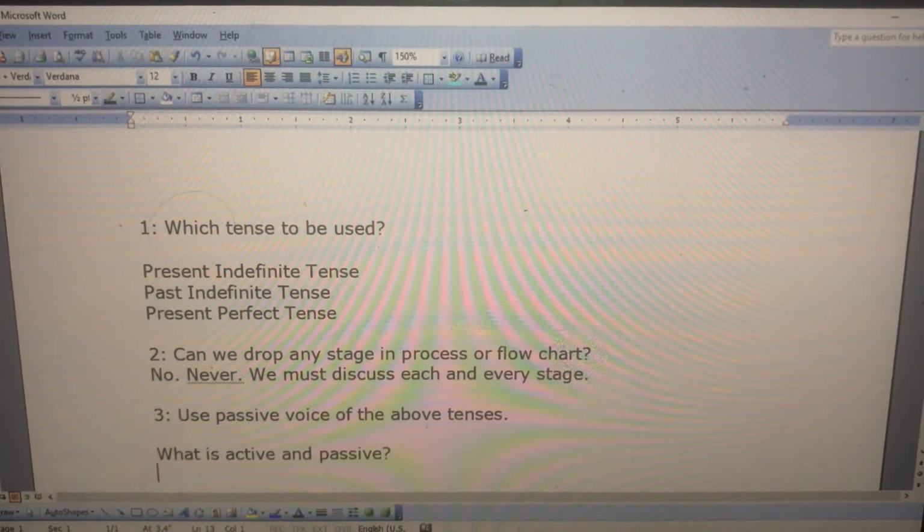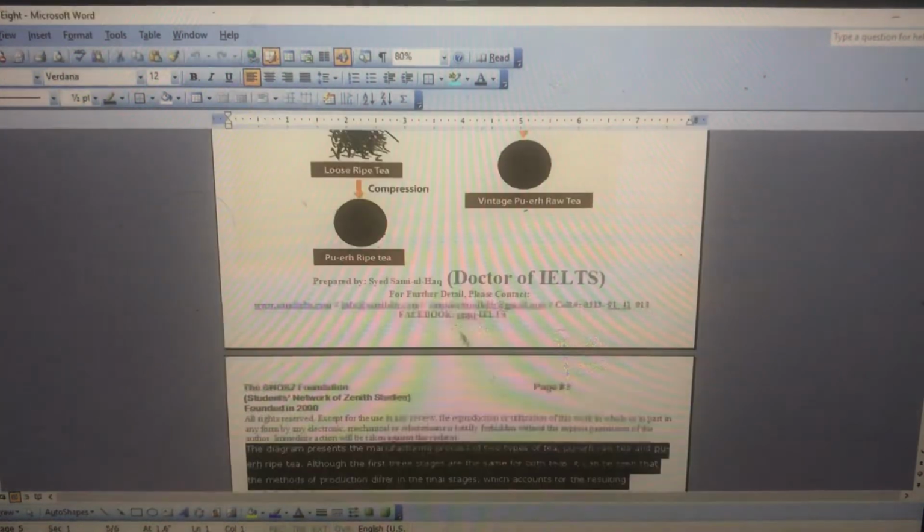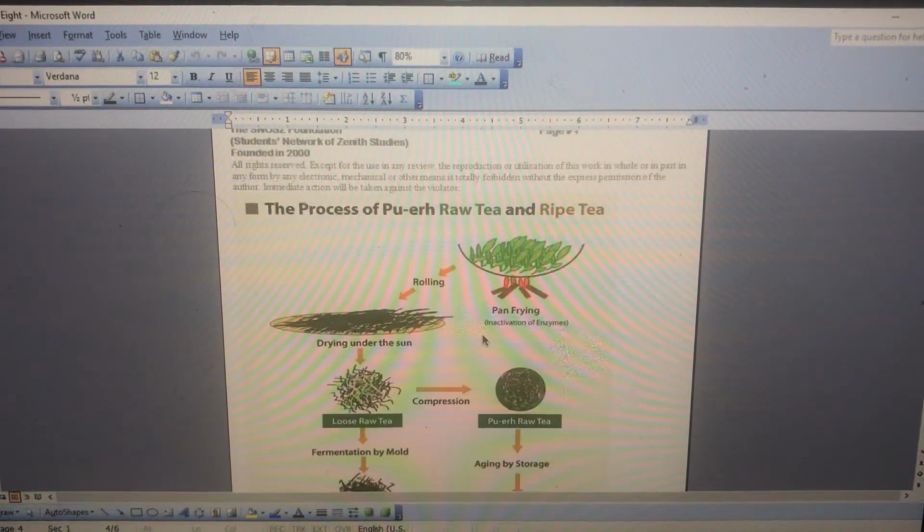Now, if I talk about active and passive, active is, for example, Ali. Where is that diagram? Diagram is here, right? Yeah. What is the first stage? Who can tell me? What is the first stage? Pan frying. Yes, sir. Yeah.